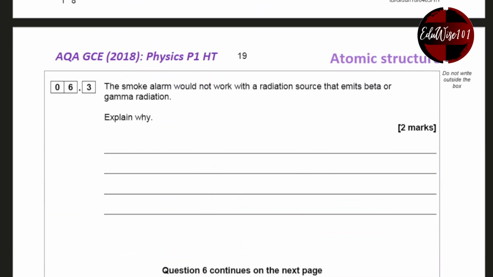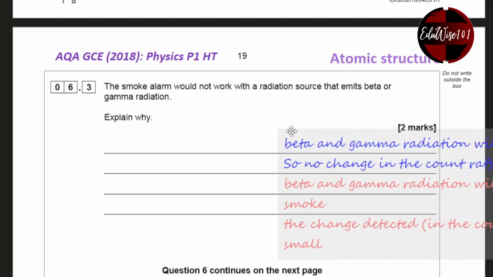Next question. The smoke alarm would not work with a radiation source that emits beta or gamma radiation. Explain why. Well, beta and gamma radiation are more penetrative than alpha. So beta, being less penetrative than gamma, would go through paper. So it would naturally go through the smoke particles, or it might not be absorbed as much as the alpha particle.